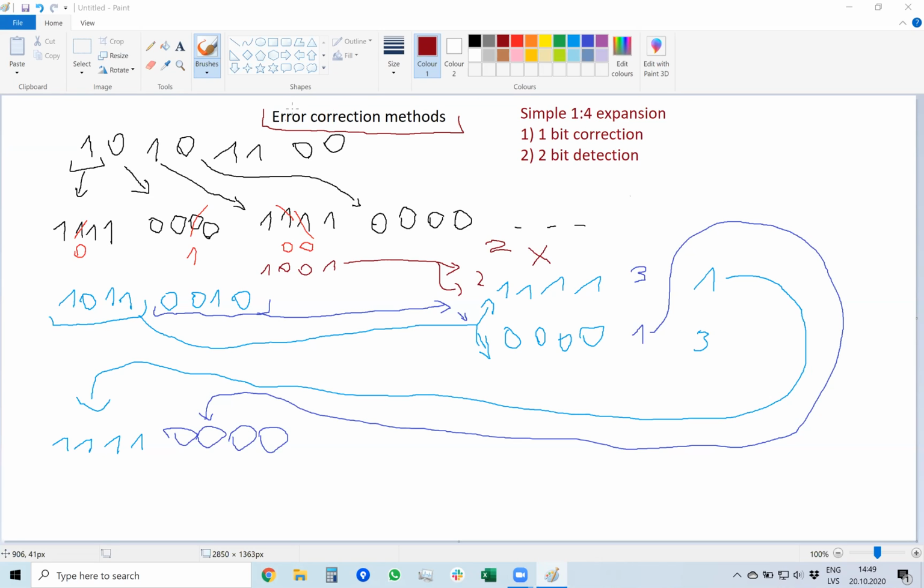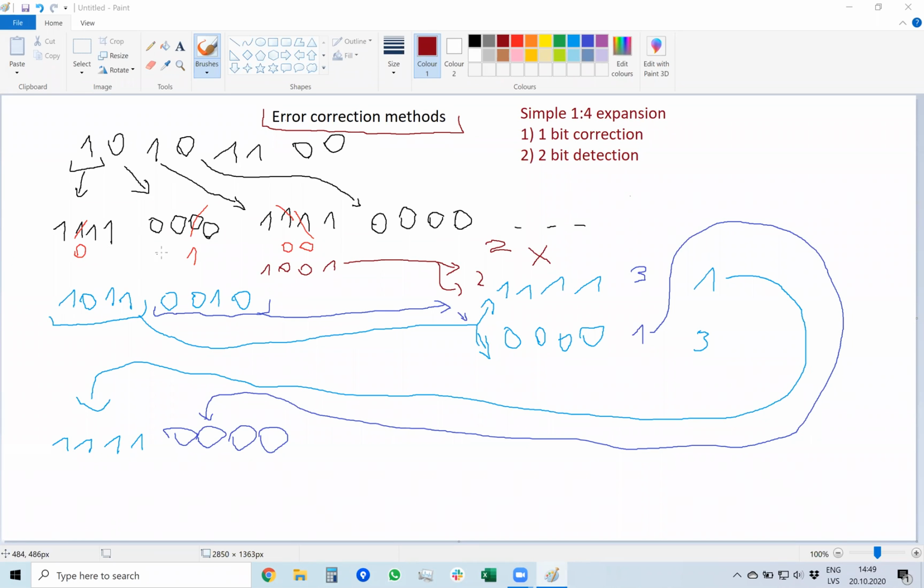As a result, we can make this conclusion that, for example, this 1 to 4 expansion is very good in cases where we can expect 1-bit errors or maximum 2-bit errors.